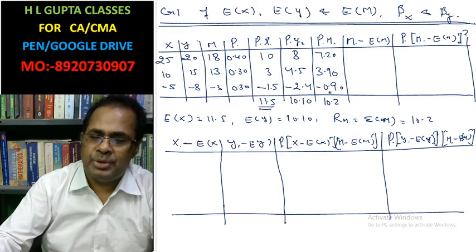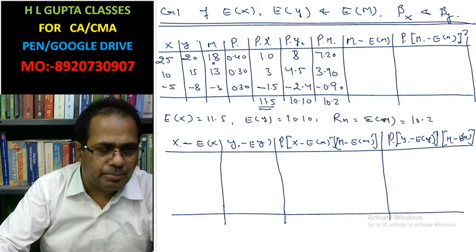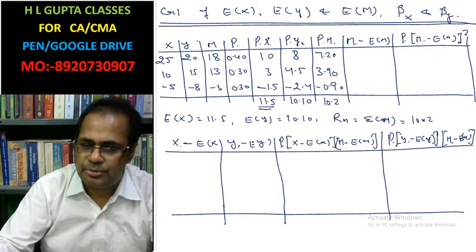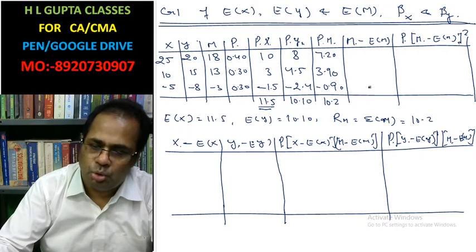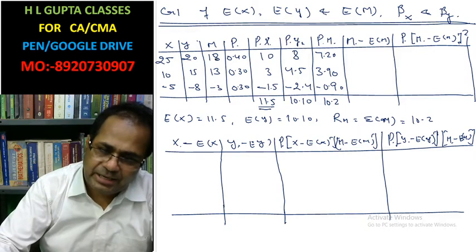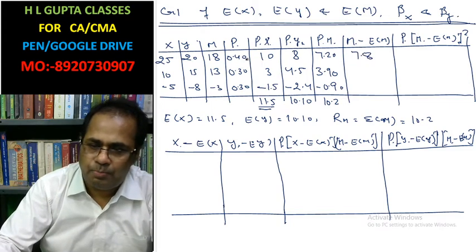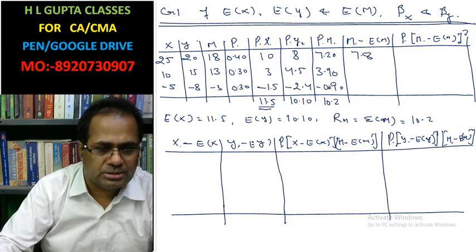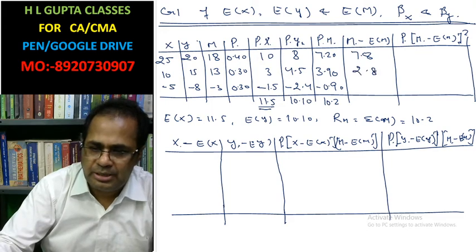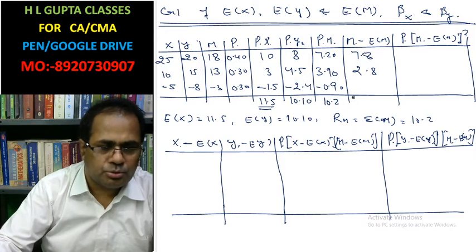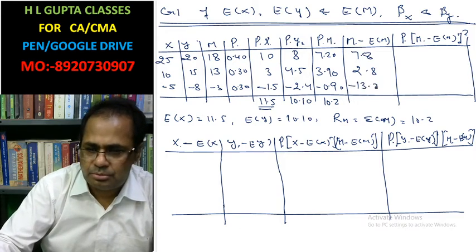Then M is 18. 18 minus 10.2 is 7.8. Now 13 minus 10.2 is 2.8. Now minus 3 minus 10.2 is minus 13.2.